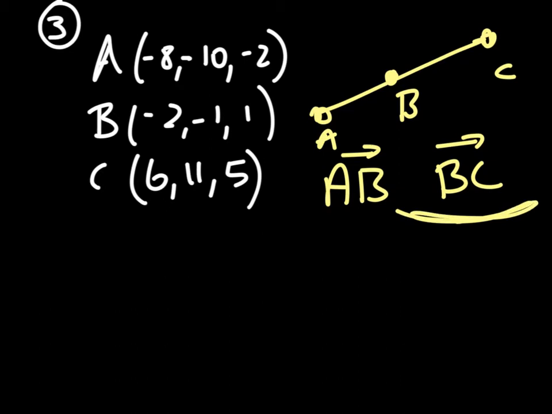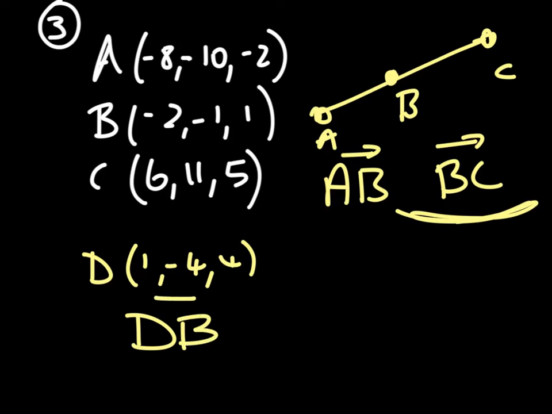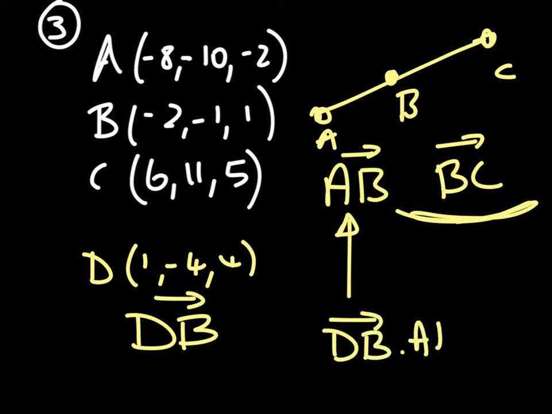For the second part, you've got another point D, which has coordinates (1, -4, 4). It's got to be perpendicular to AB, so work out DB. You've got your answer for AB up here. Just do the dot product between those, and since they're perpendicular, that's got to come out to be 0.